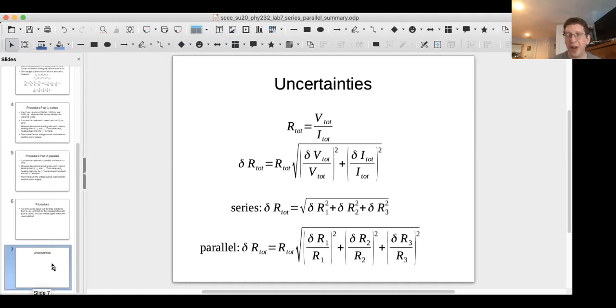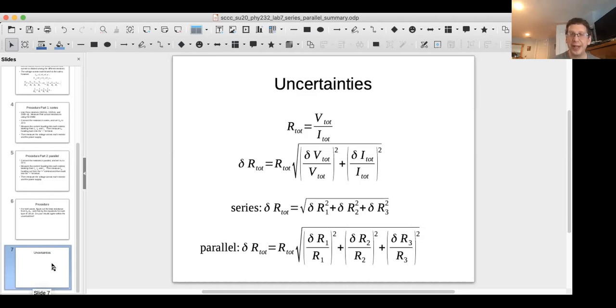So basically the fractional uncertainty in your voltage squared plus your fractional uncertainty in the current squared. Now for the series circuit, the uncertainty in your total resistance is equal to the square root of your uncertainty in R1 squared plus your uncertainty in R2 squared plus your uncertainty in R3 squared.